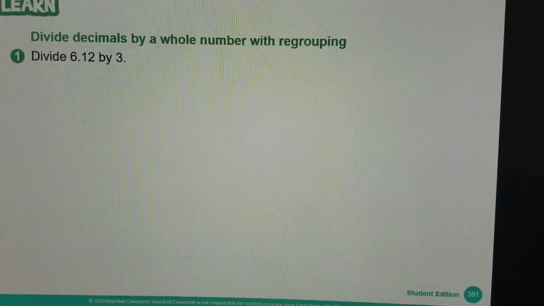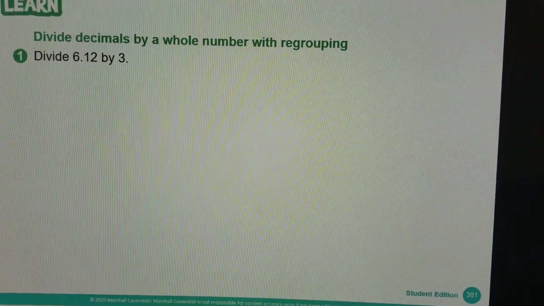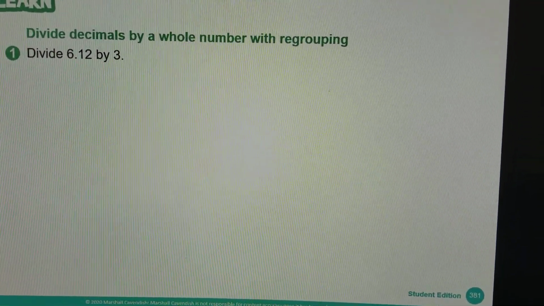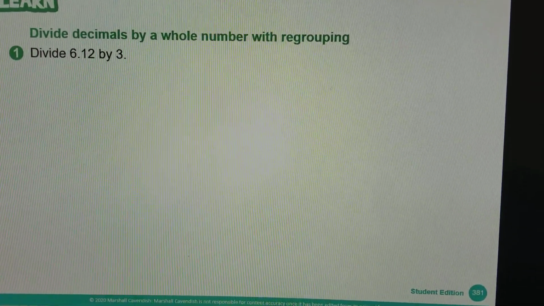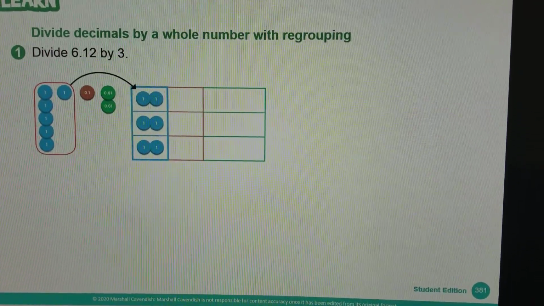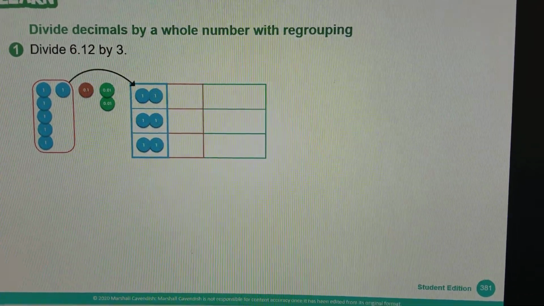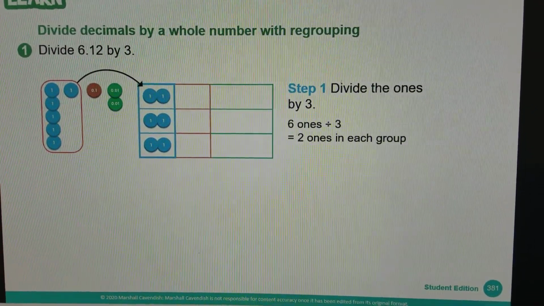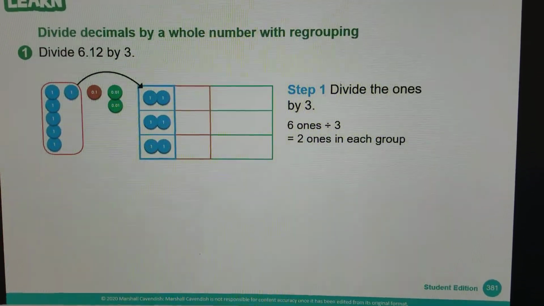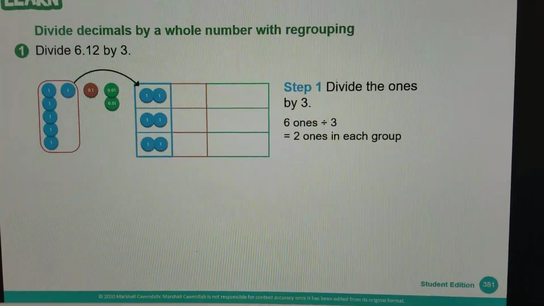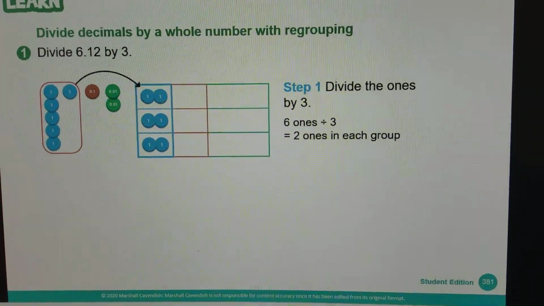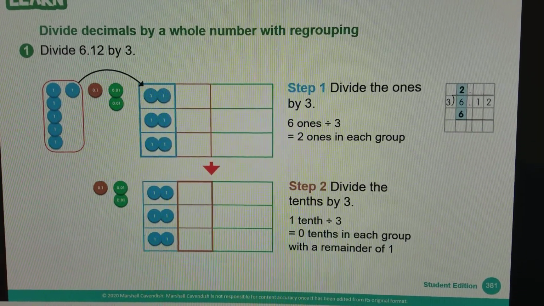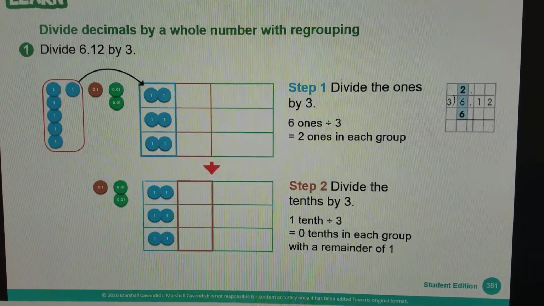Okay, now we're going to start regrouping. Okay, we're not rounding yet, so this is still one step easier. 6.12 divided by 3. If I have 6 wholes divided by 3 individuals, I know they each get 2. 2 ones in each group. Then I have 1/10. Well, if I have 1/10 and 3 individuals, I cannot give them each a tenth. 0 tenths in each group.